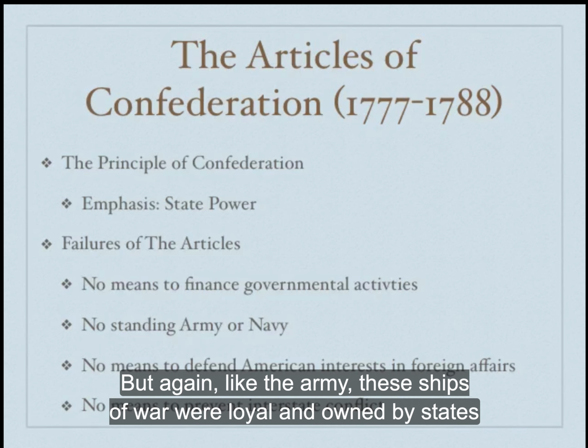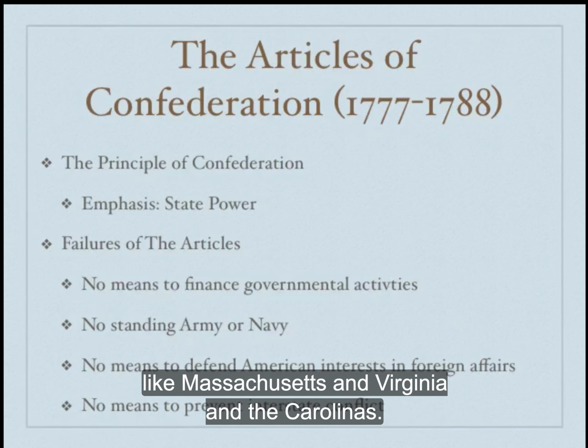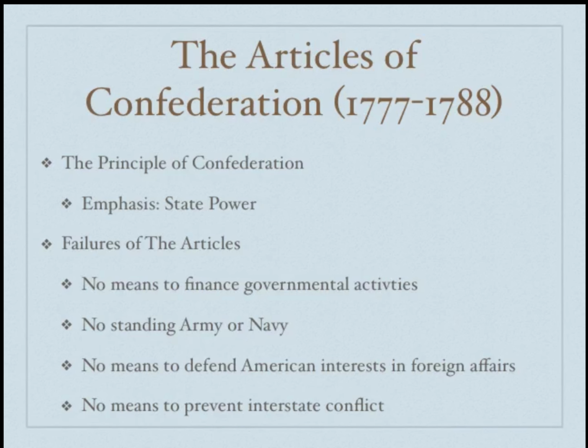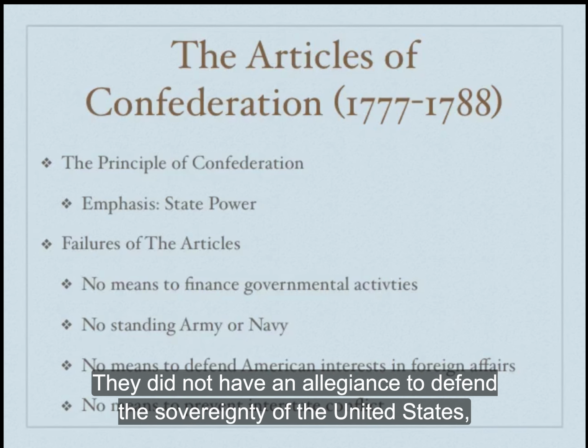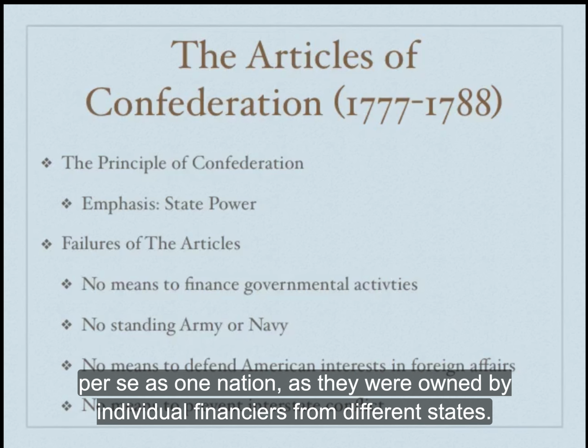But again, like the Army, these ships of war were loyal to and owned by states like Massachusetts, Virginia, and the Carolinas. They did not have an allegiance to defend the sovereignty of the United States per se as one nation, as they were owned by individual financiers from different states.